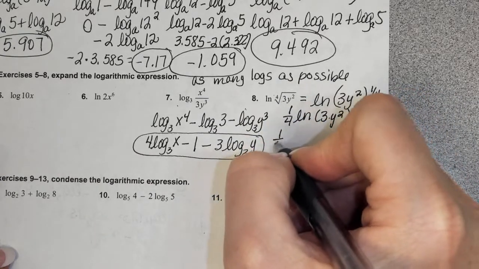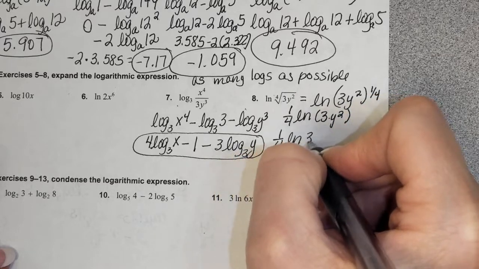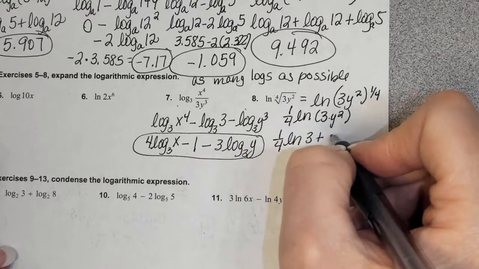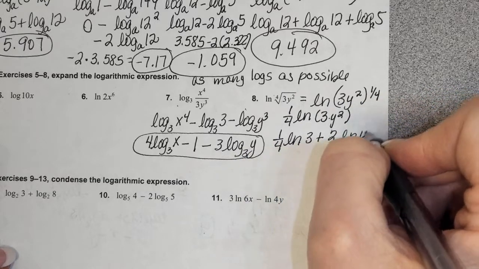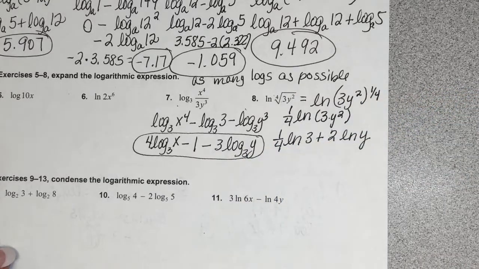So now it's going to be 1/4 natural log 3 plus 2 natural log y. But I'll tell you that there's something wrong with that. Does anyone know what's wrong with that? Yes.